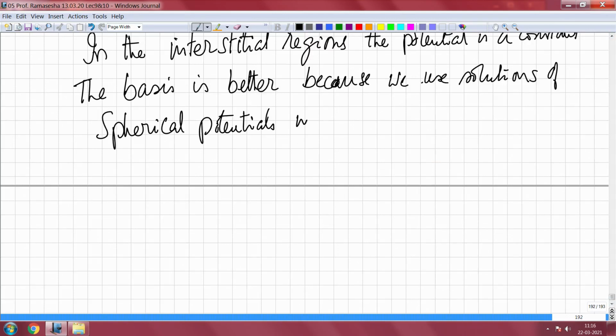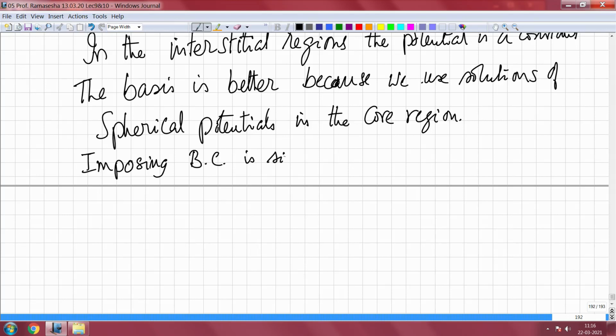And imposing boundary conditions is simpler, because the states in the interstitial region are plane waves.